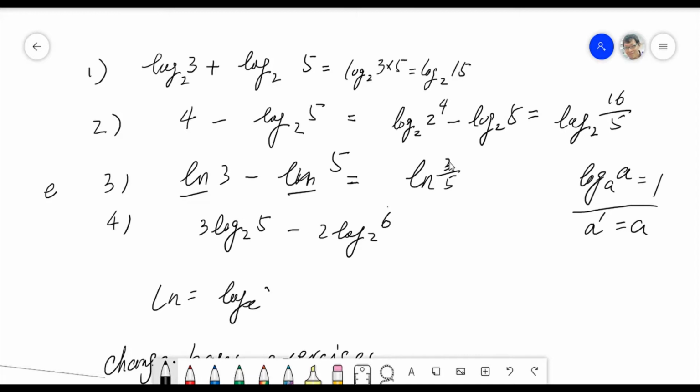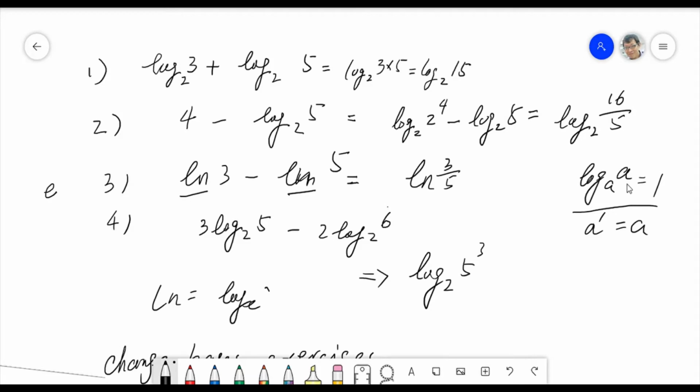Number 4, definitely you will exercise the third law, right? It's about the exponent, right? The bases are the same, so they can be a division. This is also based on law 2, right? So first let's make them exponents, okay? The first one we can write as log base 2 of 5 to the third power.